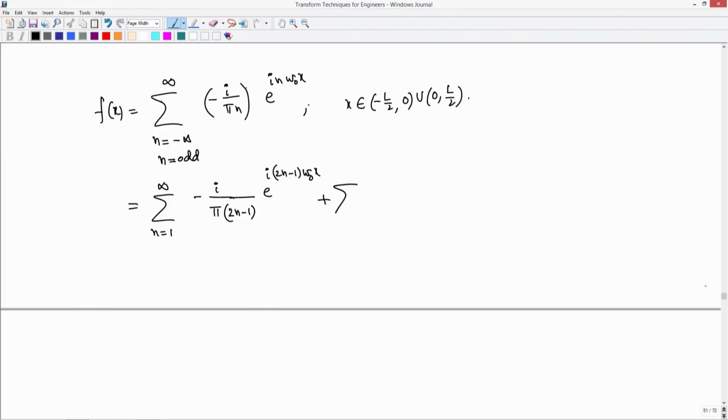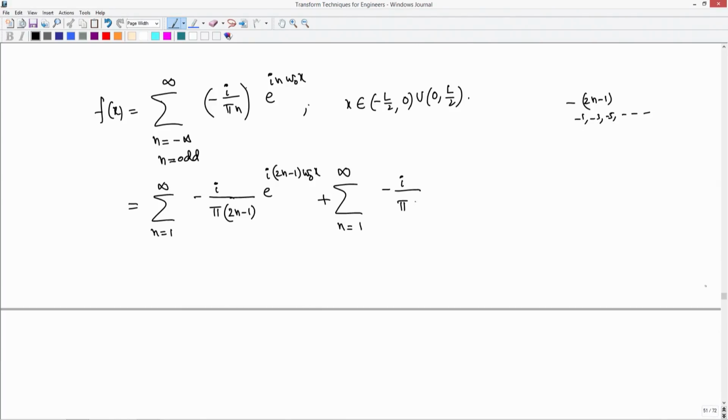So, what is the next part? The other part is n from minus 1 to infinity, where n is negative odd. Negative odd you can consider as minus of 2n minus 1, with n from 1 to infinity, and you see that it is going to be minus 1, minus 3, minus 5 and so on, which is exactly what you want.